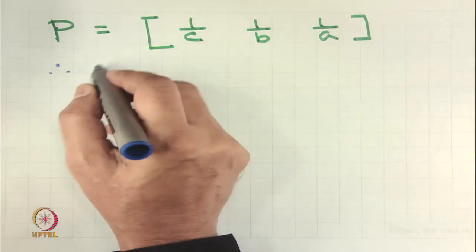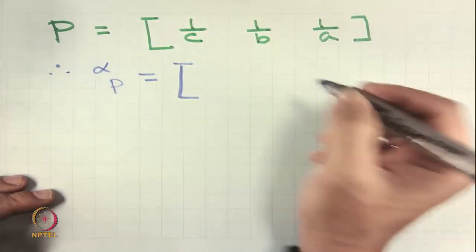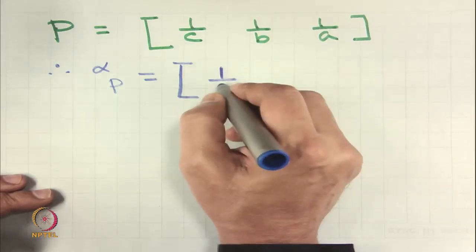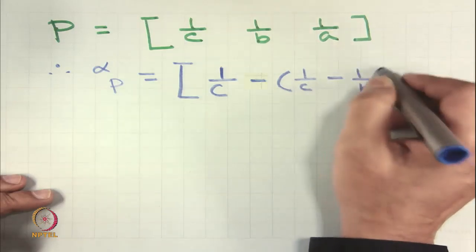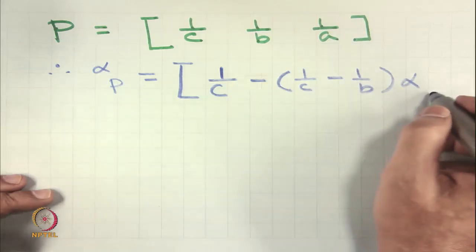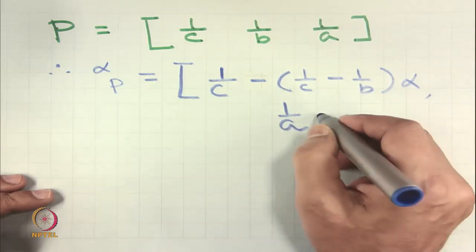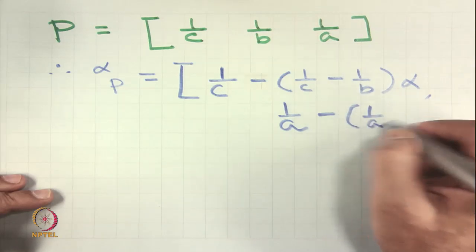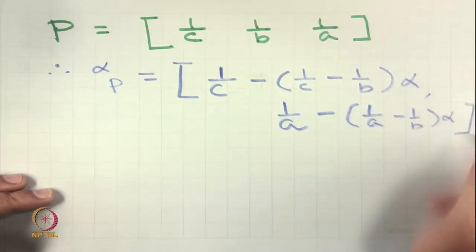Therefore, alpha cut of P is equal to 1 upon C plus 1 upon B minus 1 upon C alpha to 1 upon A minus 1 upon A minus 1 upon B alpha.